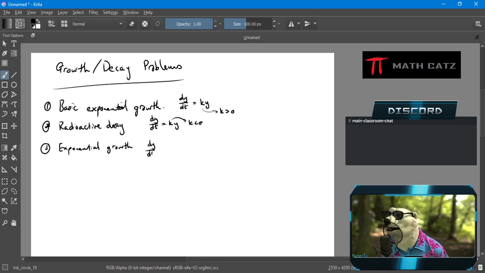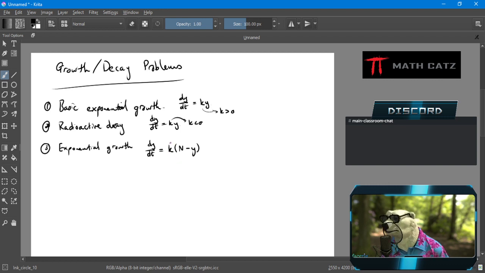So we looked at a different version that says the growth rate is proportional to how far away the population is from that capacity, that we'll call N, for example.